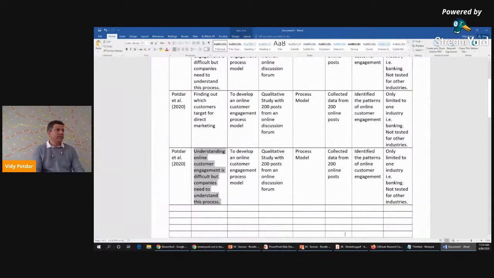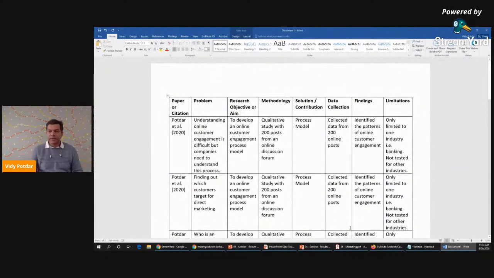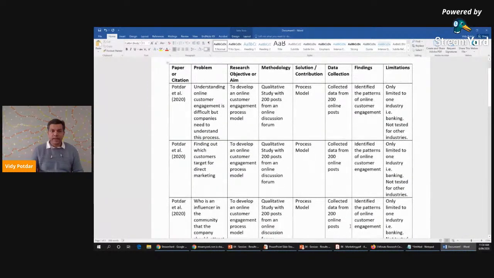And this is, say, problem three. Suppose these three are the research problems that different papers are addressing.